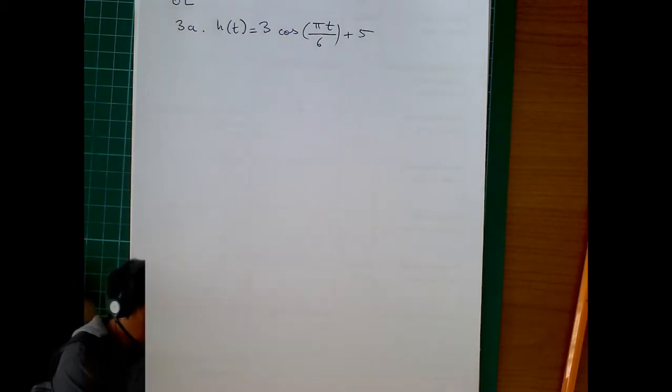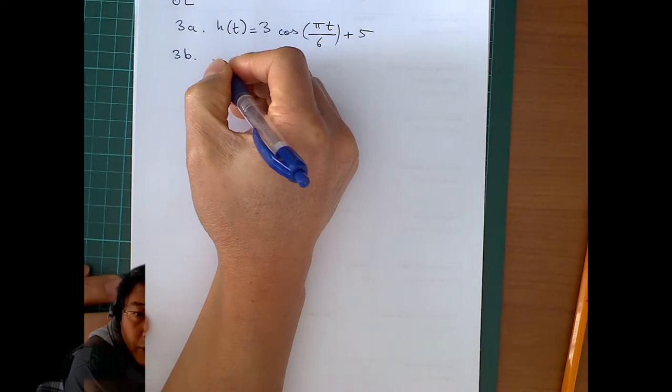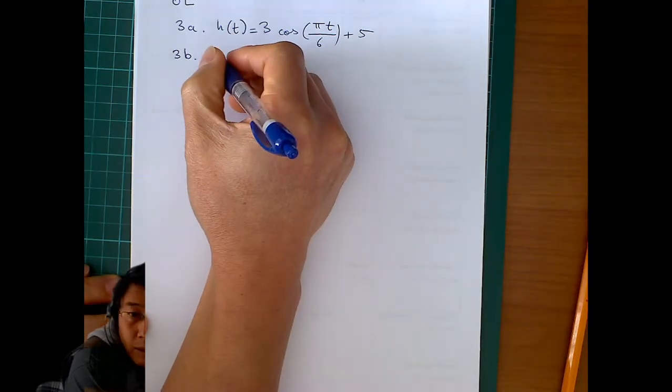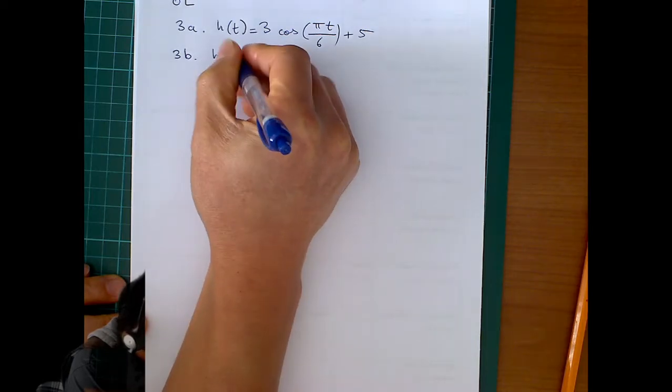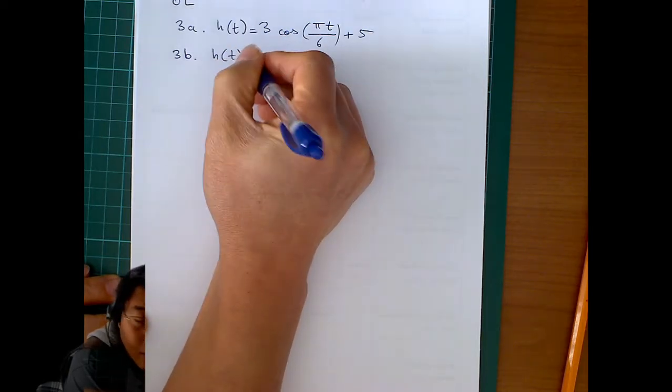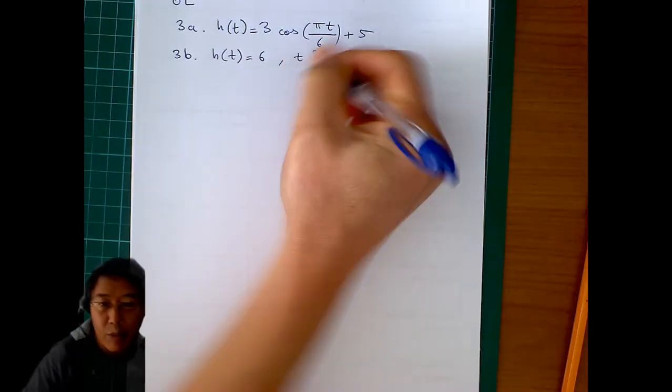Alright, so what we need for 3b is h of t equal 6, and what we want is the value of t's. There's many values.